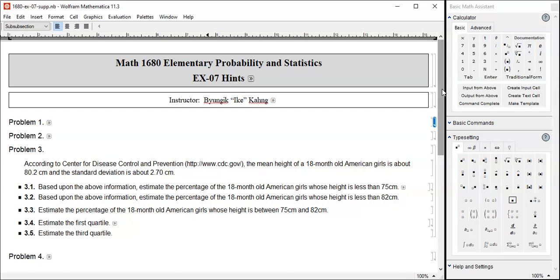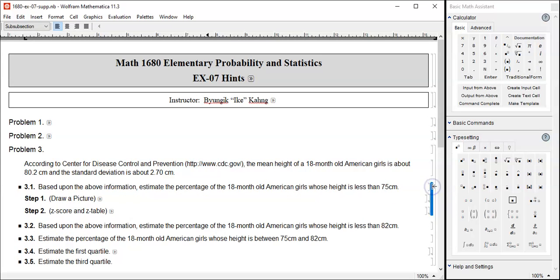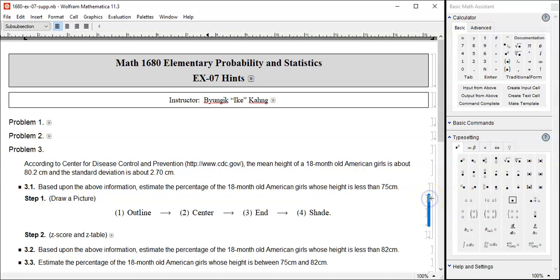Based upon the information, estimate the percentage of 18-month-old American girls whose height is less than 75 centimeters. This is a normal problem, so always begin from a picture. If you don't draw the picture, you're not going to get credit.